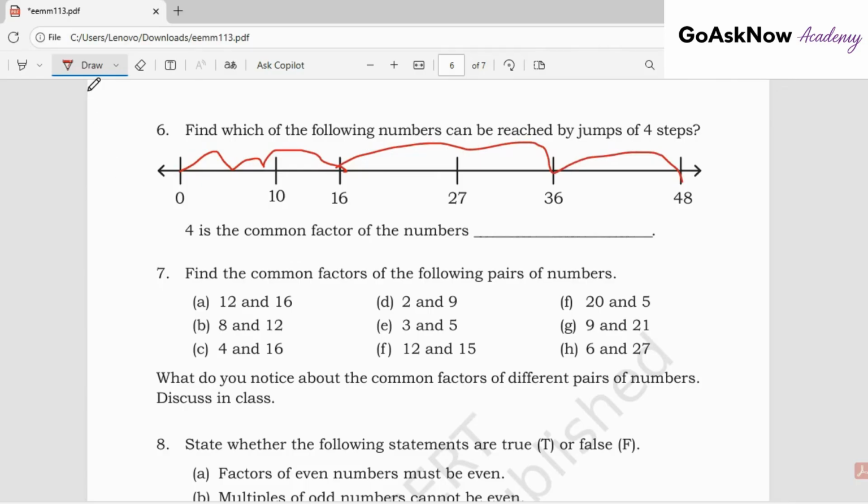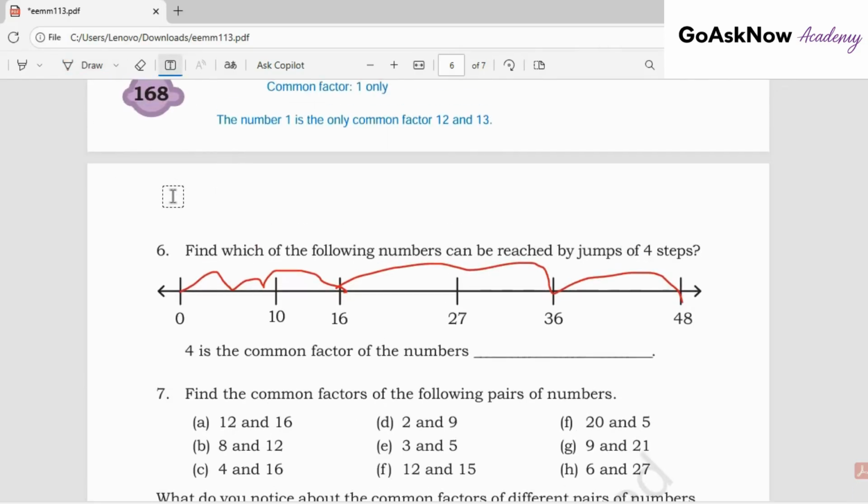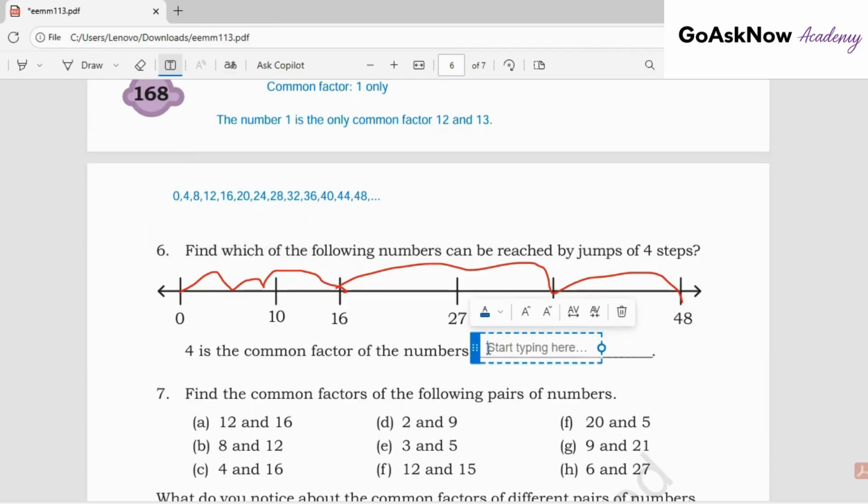The 4-step jumps happen at 0, 4, 8, 12, 16, 20, 24, 28, 32, 36, 40, 44, 48, etc. So the answer will be 0, 16, 36, 48.